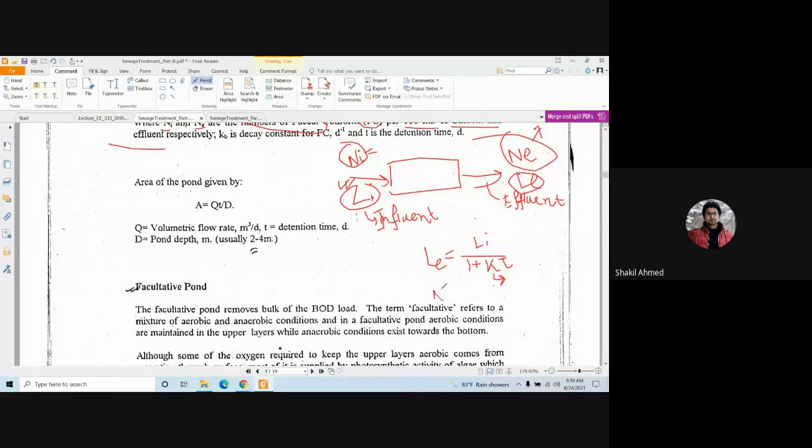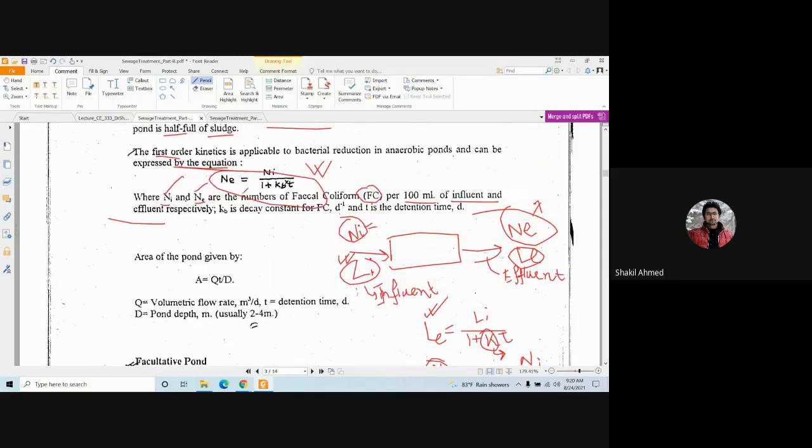And for Ne, this is Ni divided by 1 plus Kb into T. That means this is the bacterial reduction rate constant. So this and this are different. Since this is for bacteria, this is the bacterial reduction rate constant, and since this is BOD, this is the BOD reduction rate constant. Clear? Yes, sir.